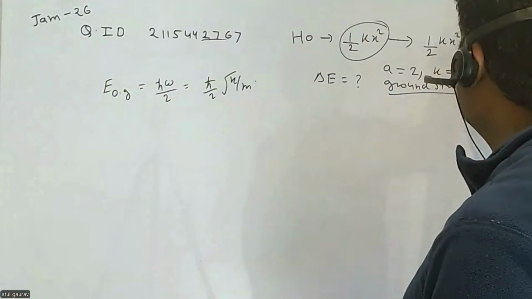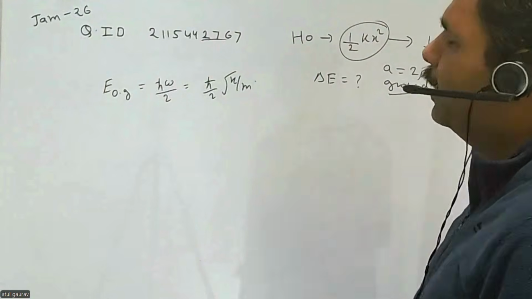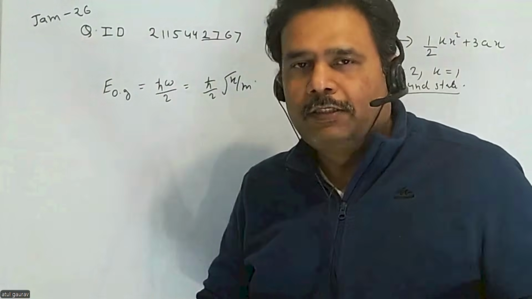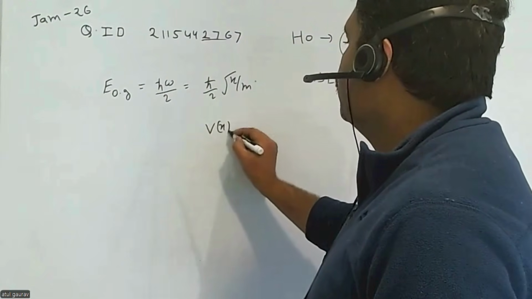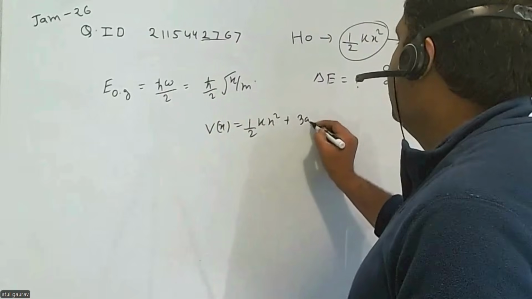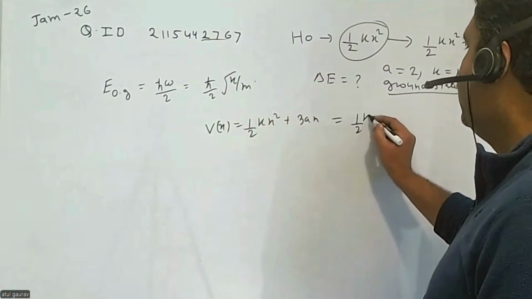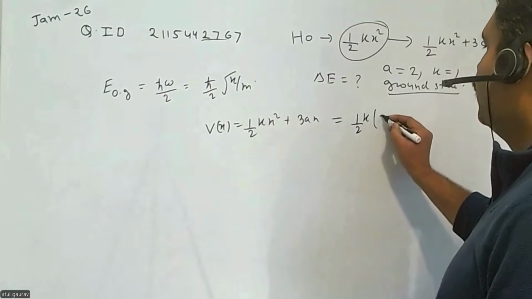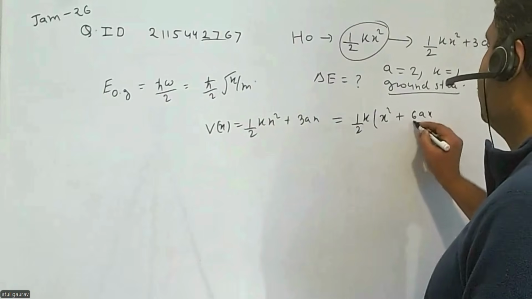So you can see this new one has the same square term and there is some linear term. So we can easily make it a perfect square. So let's try to go for this one. The new potential V(x) is equal to half kx square plus 3ax. So what we will do? We will take half k common and write x square plus 6ax by k.